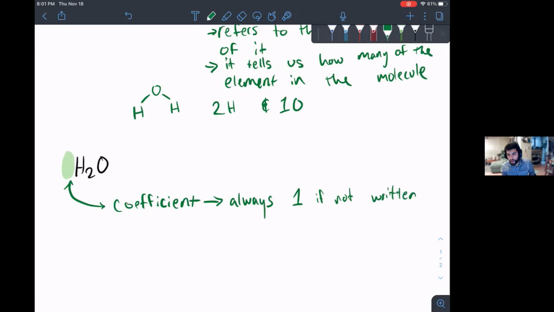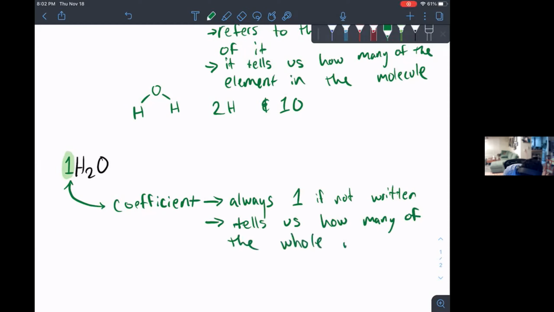So if there's no written coefficient, we just assume that it's 1. What this does is tell us how many of the whole molecule we have.